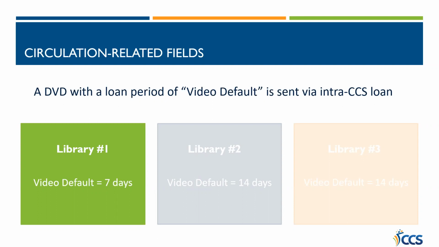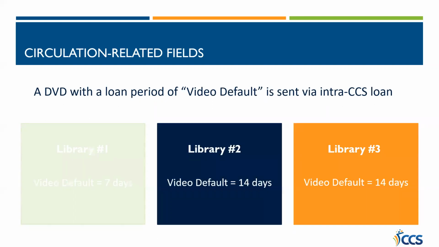So even though this item came from a different library, when it's at library number 1, it's going to check out for 1 week. The next couple of libraries it travels to have different policies. Their DVDs generally check out for 2 weeks. Because they're able to define video default as 14 days, they're still able to apply their standard loan period to this item.